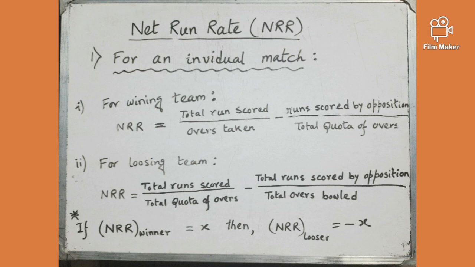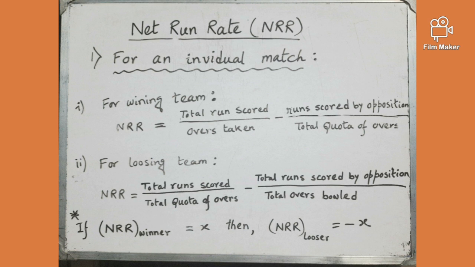The opposition might be bowled out within 50 overs, but we have to put the total quota of the overs, that is 50 overs, in the calculation here. For the losing team, the net run rate will be calculated as total runs scored by the team by total quota of the overs, minus the total runs scored by the opposition by total overs they bowled to the opposition.